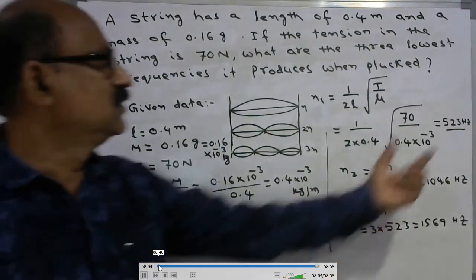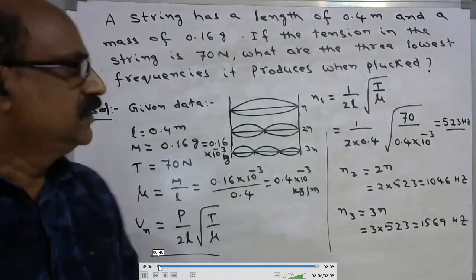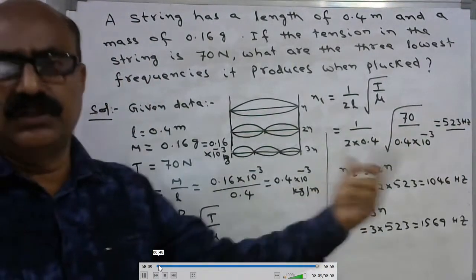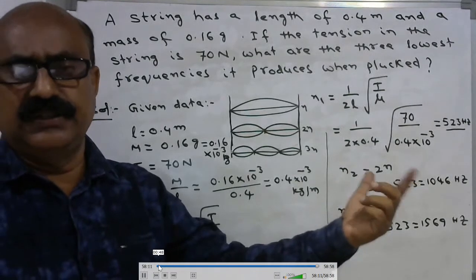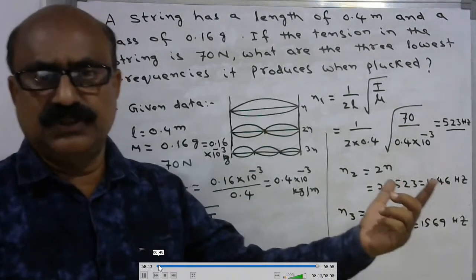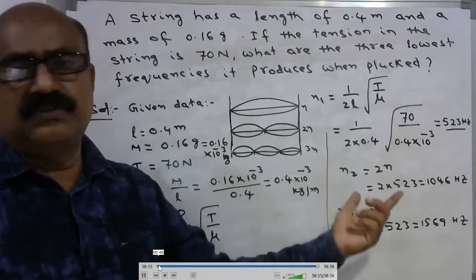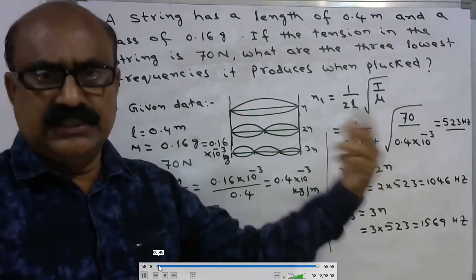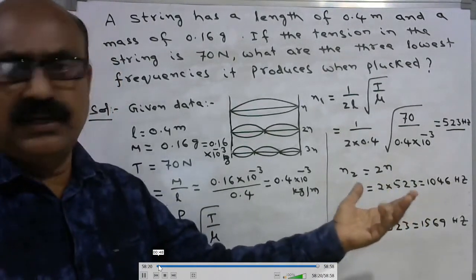Once you know the fundamental frequency, you can express the overtones in terms of it, because all the integral multiples of the fundamental frequency will give the next harmonics or overtones.